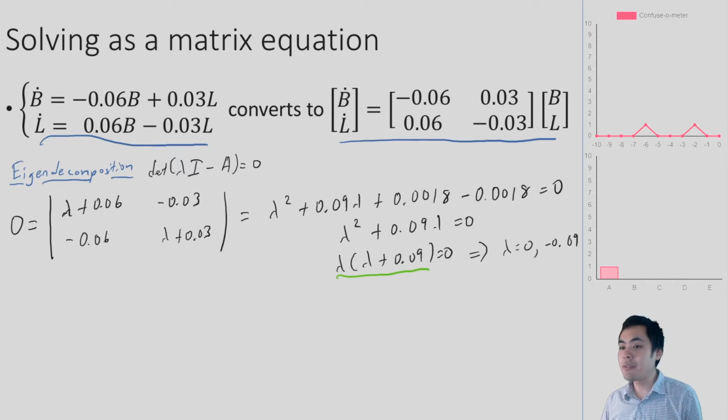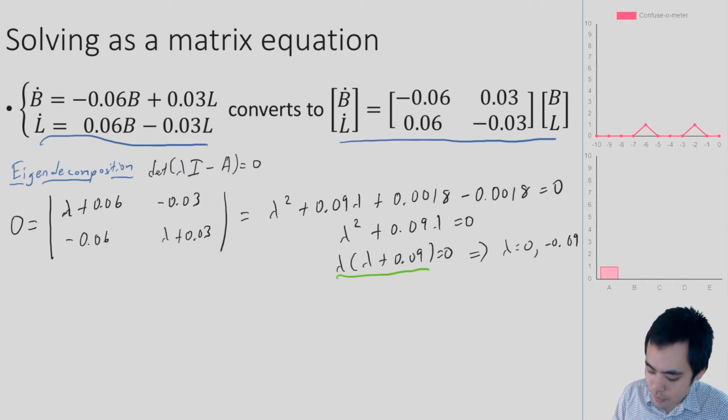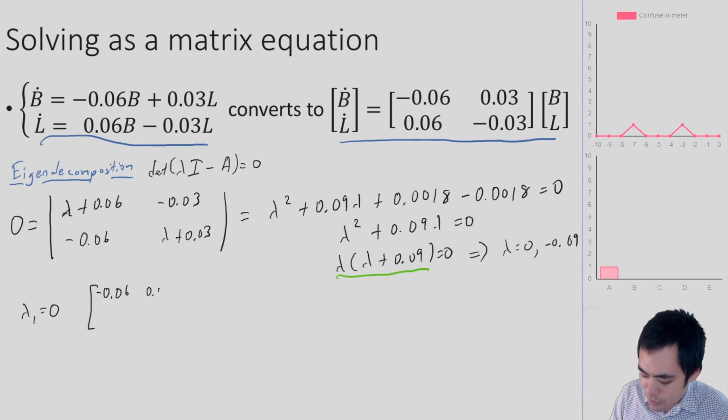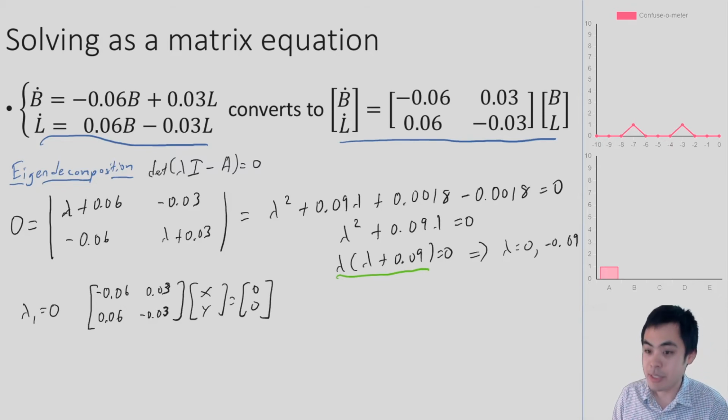Okay, but now we have the eigenvalues, and since we're doing this as an eigendecomposition, we have to solve for the eigenvectors. So we have lambda 1 equal to 0, and when we're solving for that, we get the matrix minus 0.06, 0.03, 0.06, minus 0.03, times the vector equal to 0, 0, since this is an eigenvector corresponding to the eigenvalue 0.